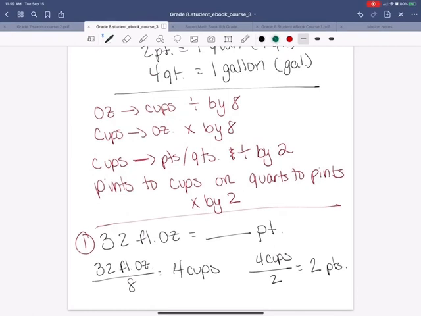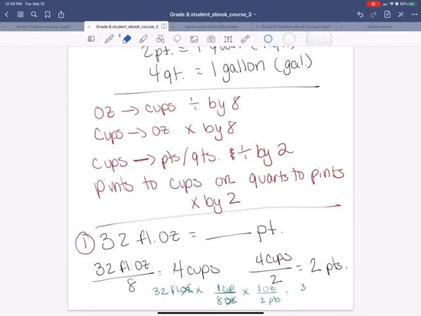Okay. So if we're saying we're at 32 fluid ounces, remember we had a few steps, times, we want to go to cups. So here we have 1 cup equals 8 ounces. Times, going from cups to pints, 1 pint equals 2 cups.